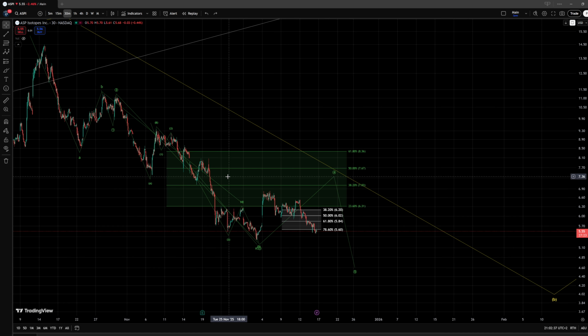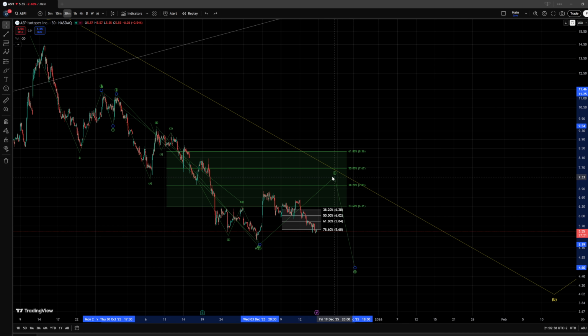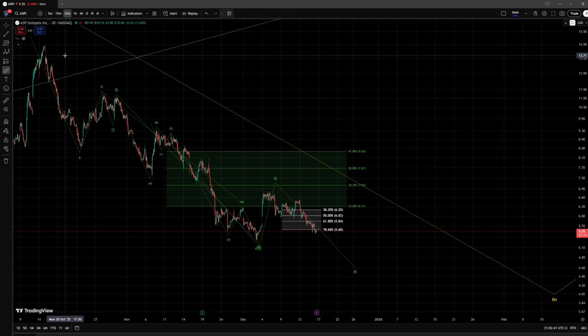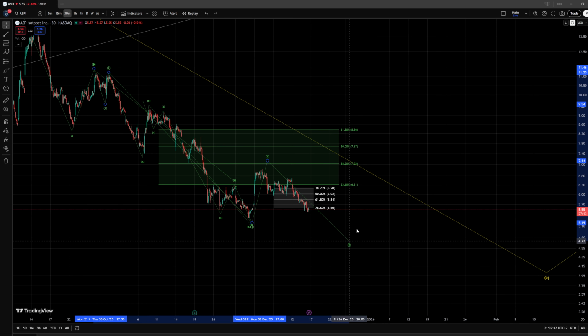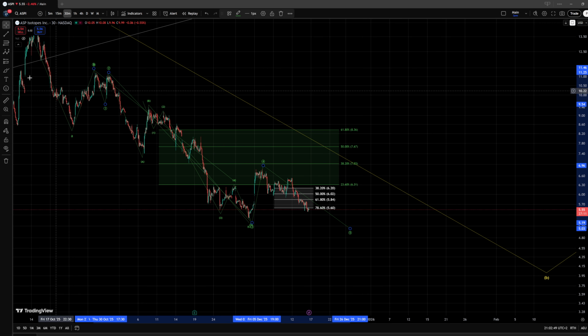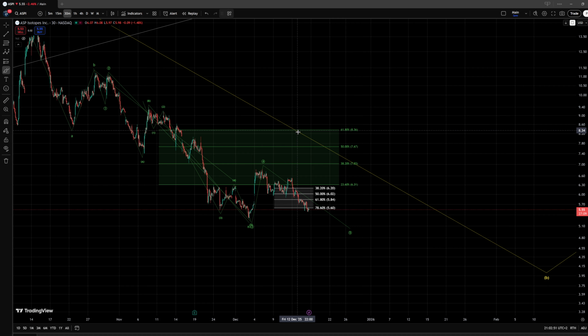Now, we won't focus on that right now because we are still within the possibility of completing these structures sooner rather than later, but when we actually complete this 5th wave, we will be looking for such potential, and we will be looking for the relevant resistance levels that need to be broken for a signal that, yeah, indeed those structures are not going to play out.